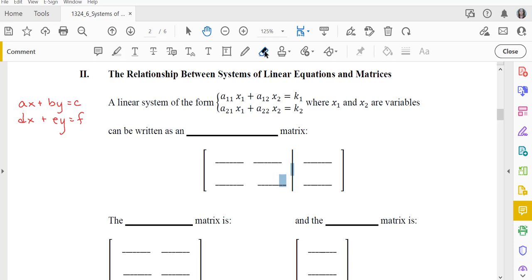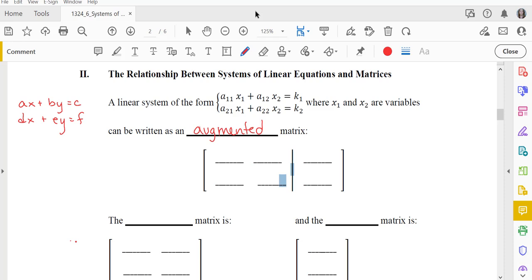Here our variables are x1 and x2. We say that it can be written as an augmented matrix in the following way.